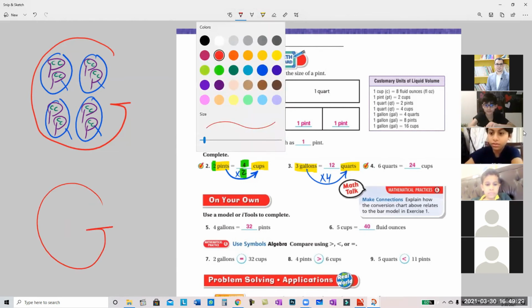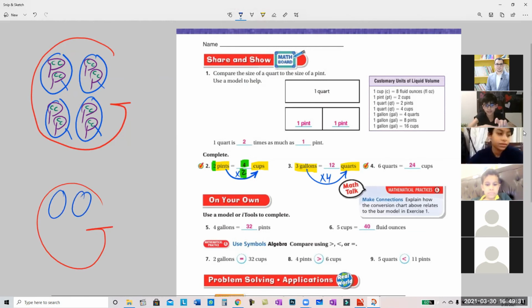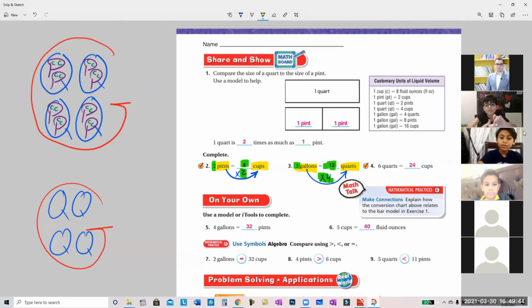Q, we have 4 Qs here, right? So we have 4 quarts in 1 gallon. So you should multiply by 4 here. So 3 multiplied by 4 equals 12. So 3 gallons equal 12 quarts. Thank you so much, Ryan.